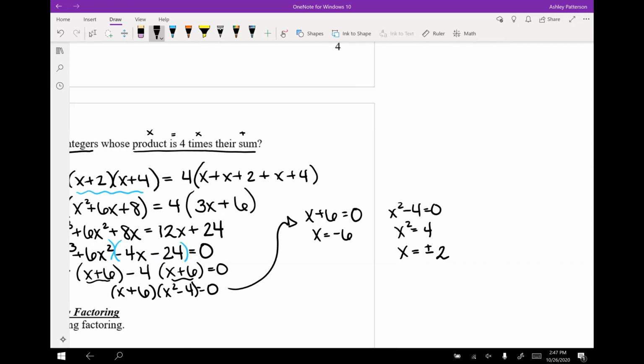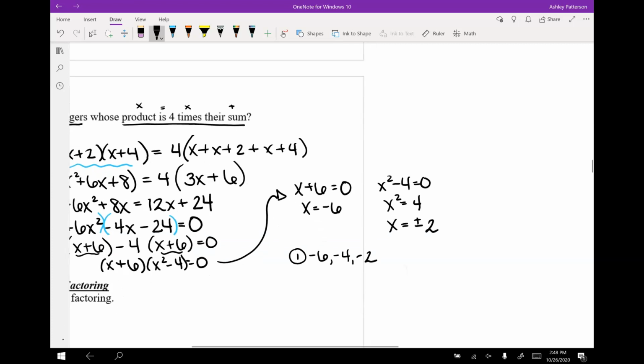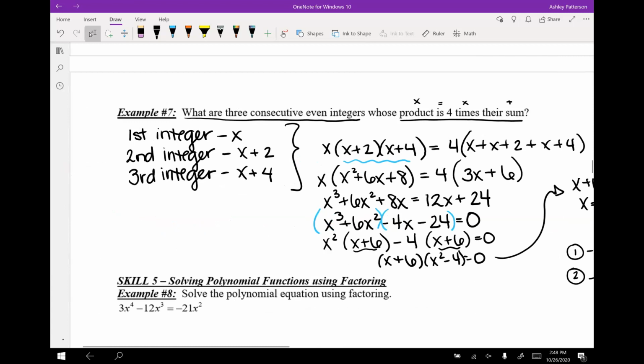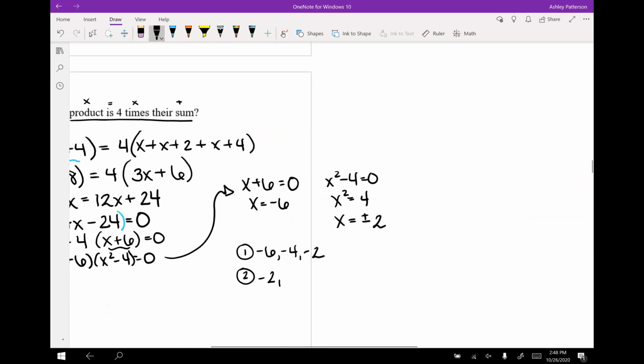Well, here we go. So the first scenario could be negative 6, and then the next consecutive even integer would be negative 4, and then negative 2. The next possibility would be negative 2, and then if you're thinking, how in the heck is she coming up with this? Remember, we set them over here, first one, and then add 2 and add 4 from the original. So that's all I'm doing.